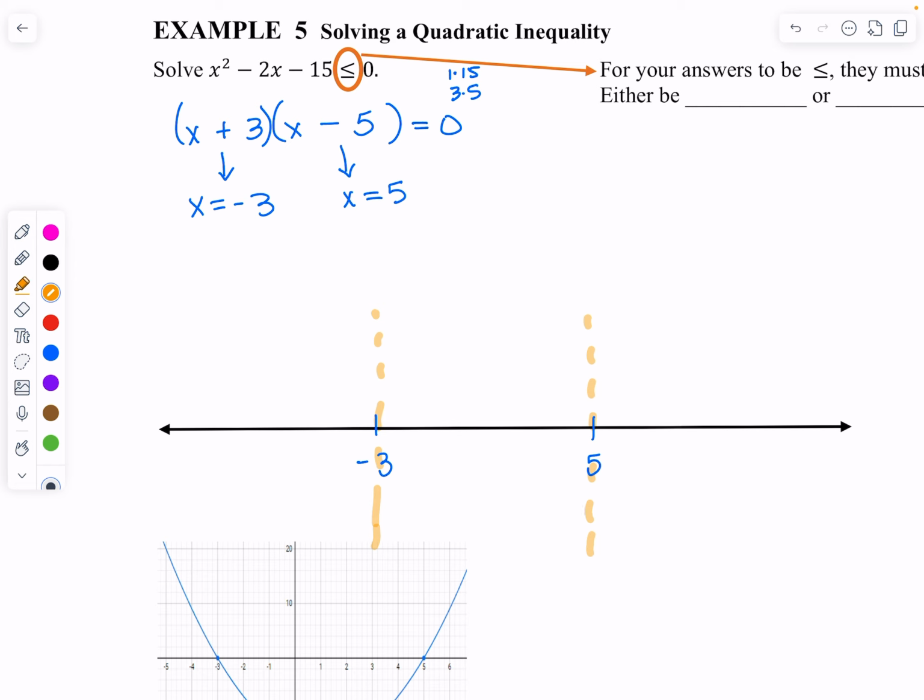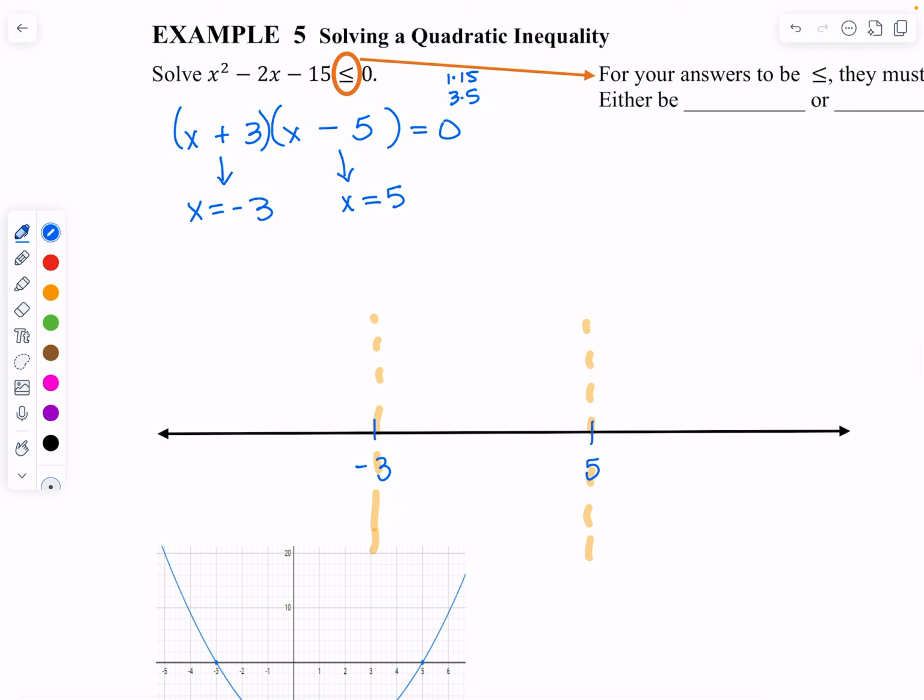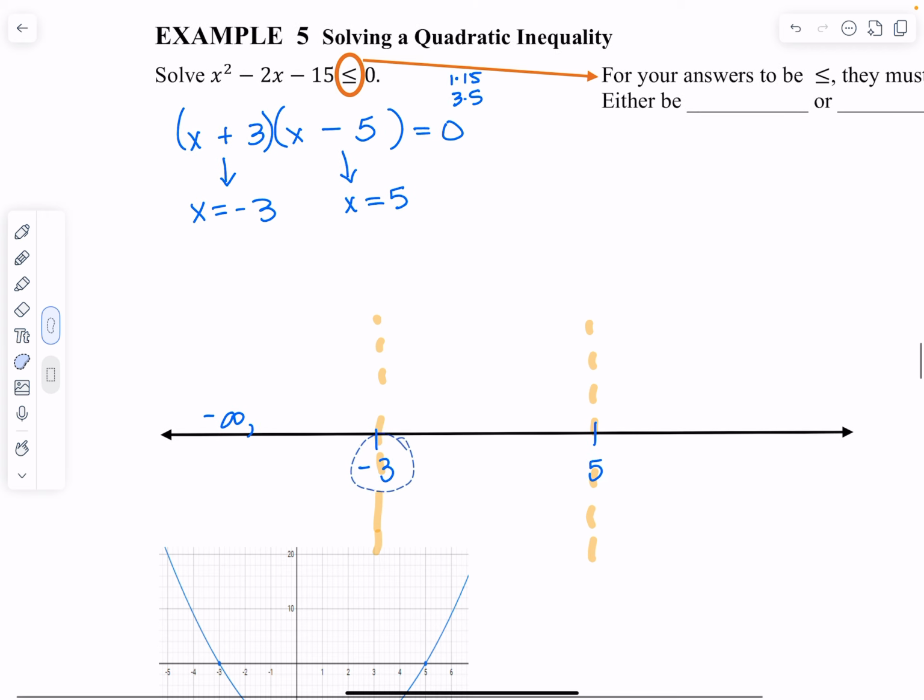So now I'm going to write those parts in interval notation. So this part, notice it's going forever in the negative direction. So that's going to go from negative infinity all the way up to my -3, and I always just go ahead and put parentheses around those.